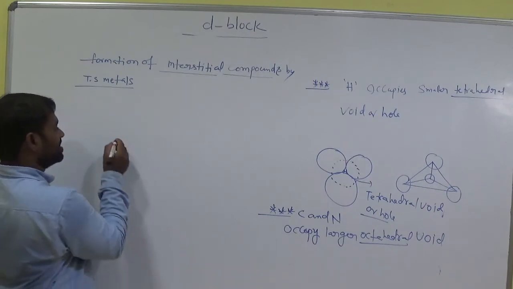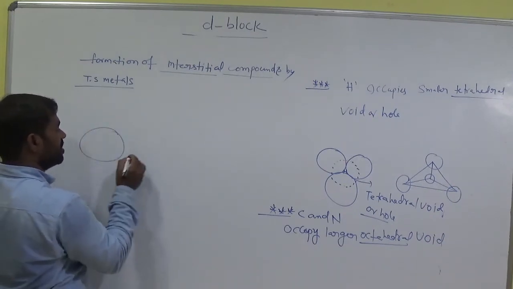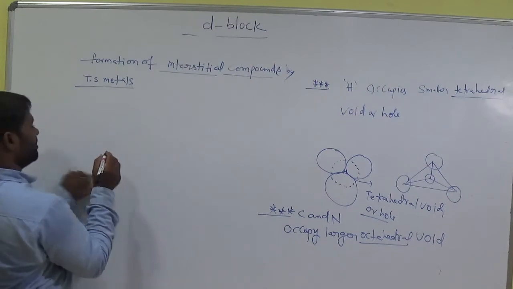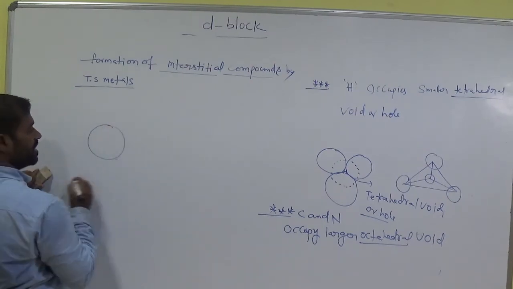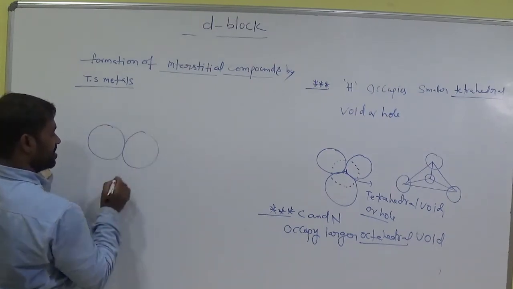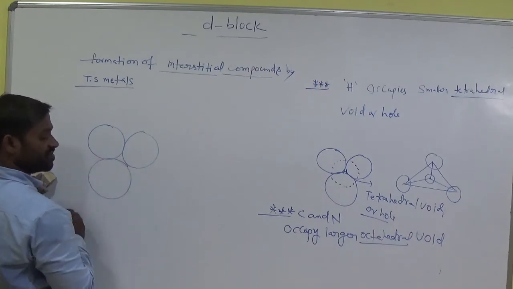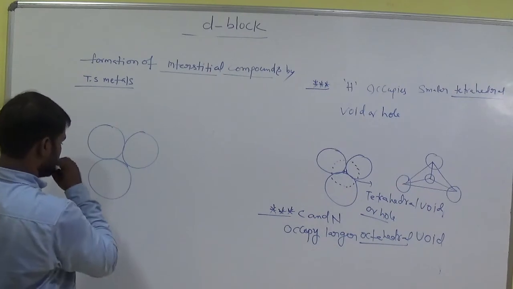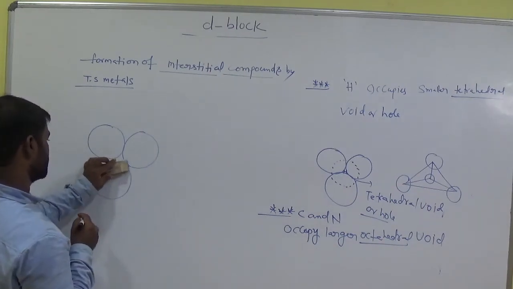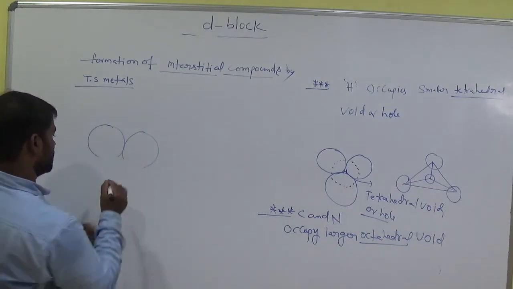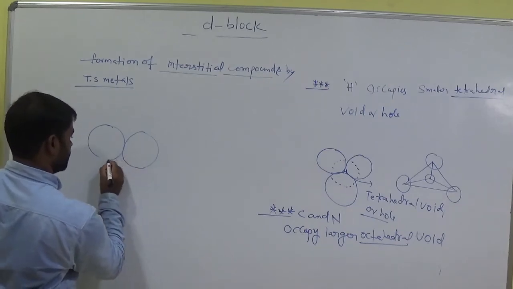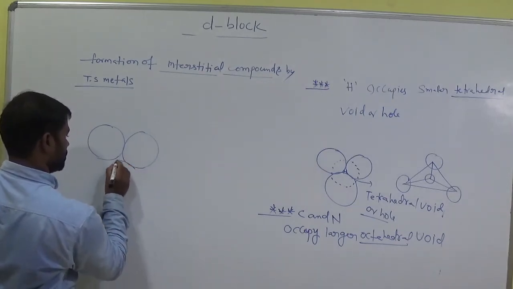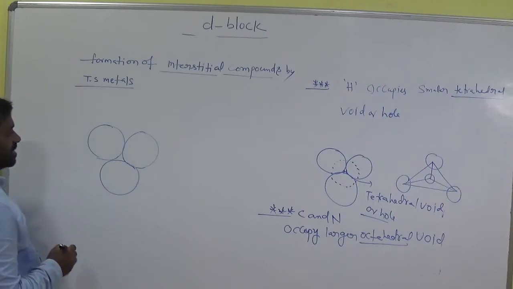Octahedral void. Now what is the arrangement of an octahedral hole? This is one sphere. Clear? This is the second one. This is the third one. Okay? Now, clear?